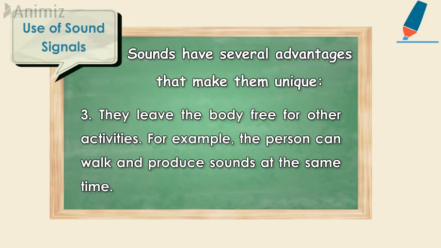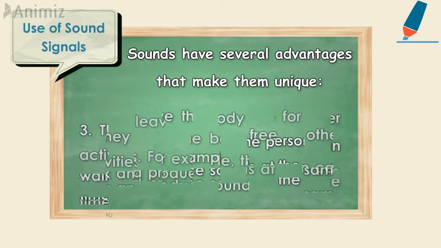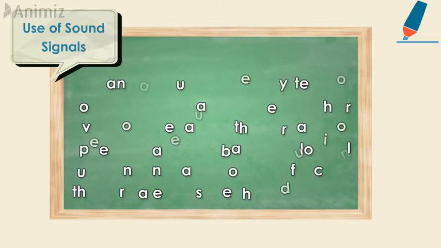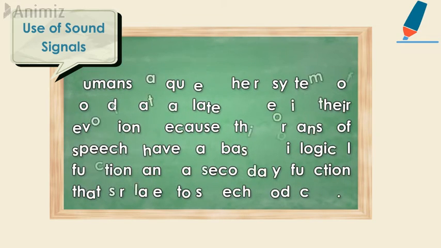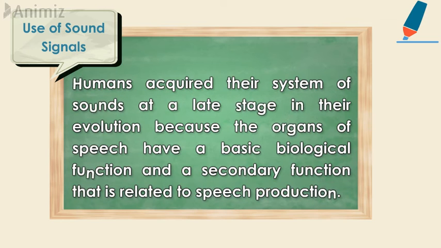For example, the person can walk and produce sounds at the same time. Humans acquired their system of sounds at a late stage in their evolution because the organs of speech have a basic biological function and a secondary function that is related to speech production.